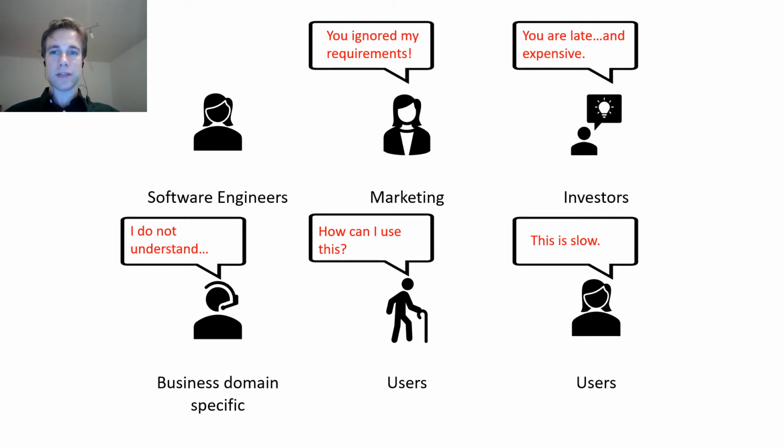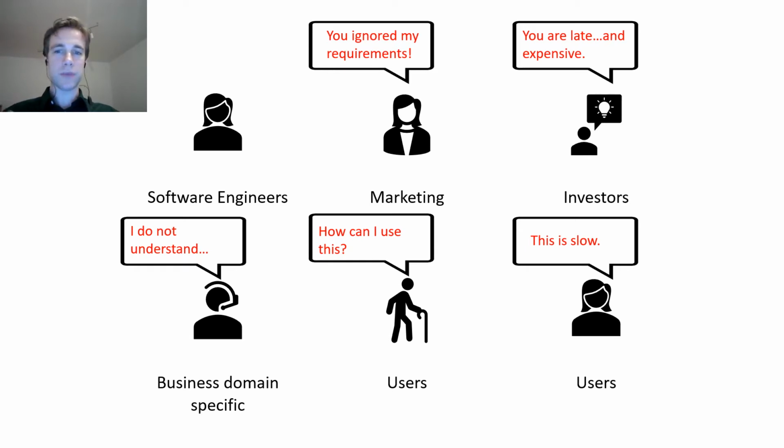Some other stakeholders might complain that the development team was actually late. For other stakeholders, it could be very difficult to understand what the development team actually produced. If the software is not intuitive enough or if the software does not have appropriate documentation, some users might complain that they are not really sure how to use that software.